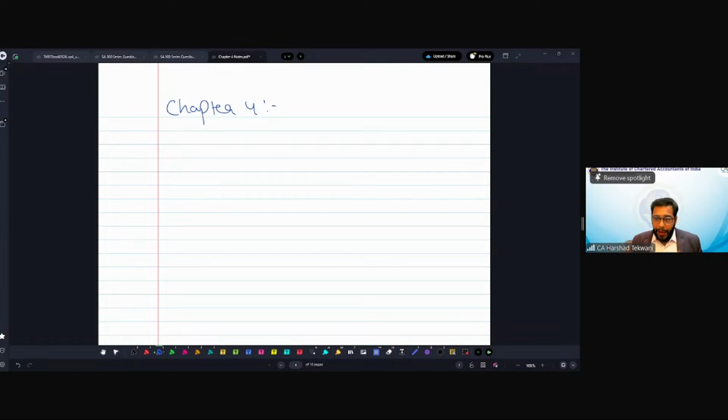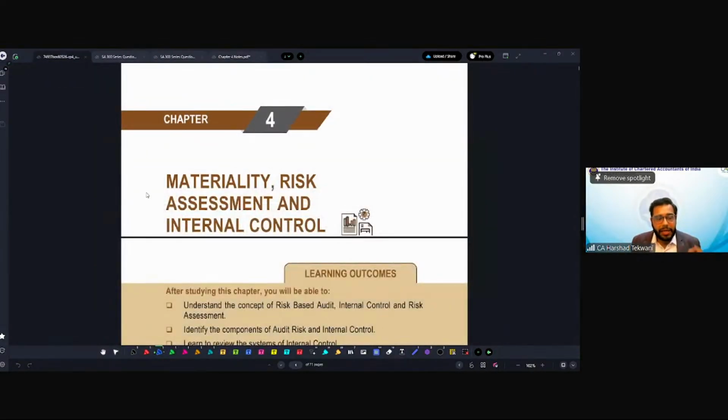Now, I hope you have read chapter number 4. Chapter number 4 basically talks about materiality, risk assessment, and internal controls, wherein we will be learning a few things in depth. Number 1, we will be learning about risk based audit.